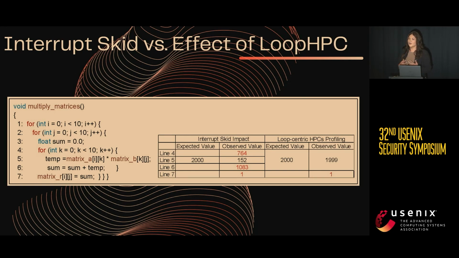If we use our loop-centric profiling, where we do account for the non-determinism, we can observe load events at 1,999. As you can see, in our loop-centric HPC profiling we were able to alleviate this interrupt skid. We were able to make our HPC values consistent, and instruction discrepancy can be accounted for within the loop.